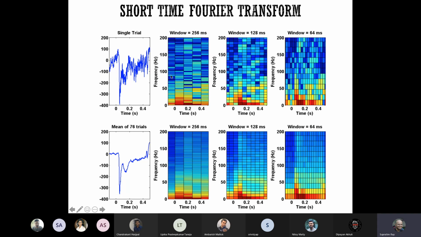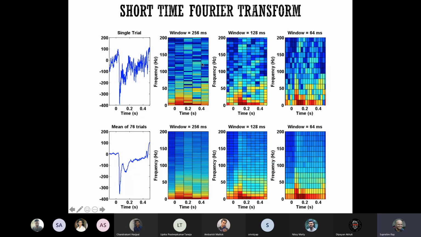So you get values as a function of frequency, now shown here. And the amplitude is shown by the color. The reddish color indicates more power. In this case, it's amplitude. Bluish color means less power. And then when you move the window, you get another set of values, and so on.